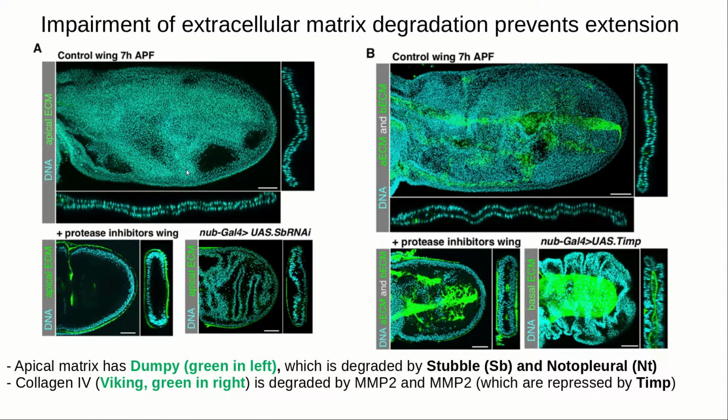Here in the top you have a control, and in the lower part you have this inhibition, and the green is the apical matrix, which is marked with Dumpy. It's a Dumpy reporter, and as you can see, if it is not degraded, the wing cannot elongate.